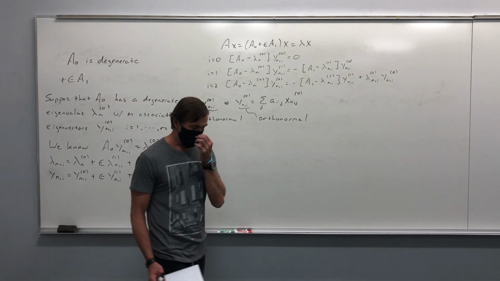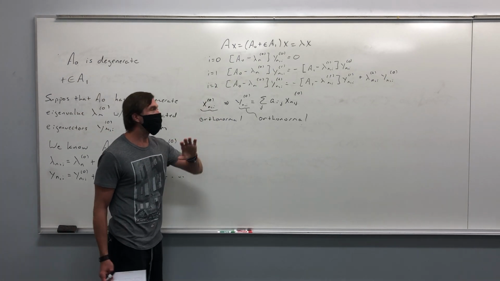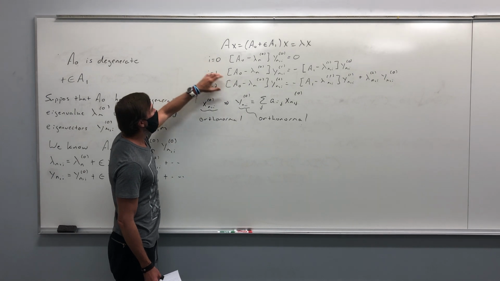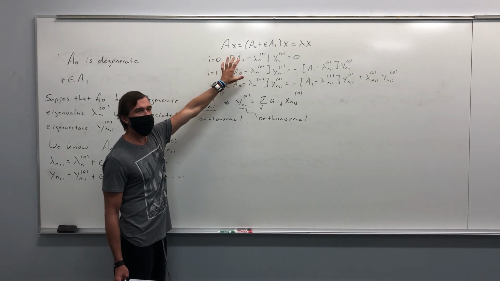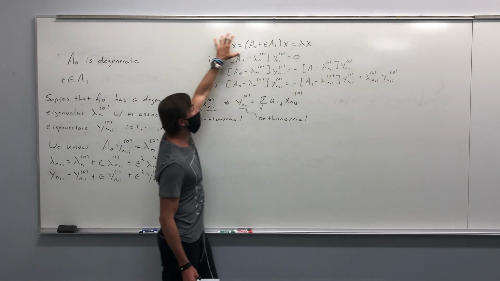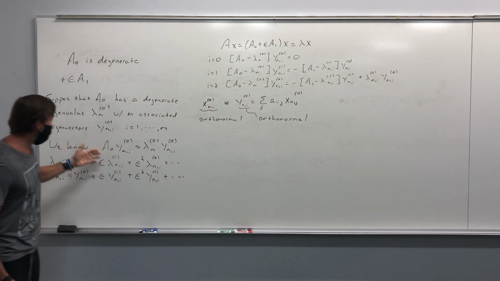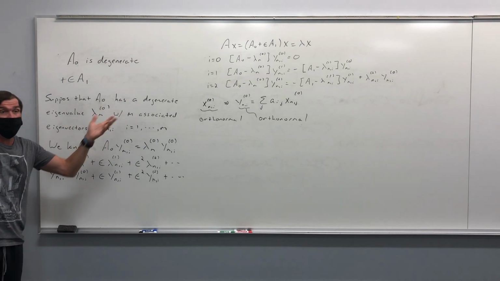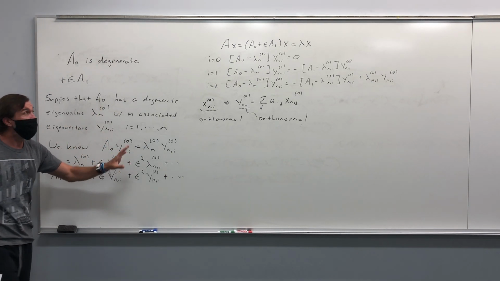Okay, so I'll bring your memory. So last time we started with expressions like these, which are just taking the defining equation and shoving in these expansions and then rearranging terms. That's all it is. Okay?